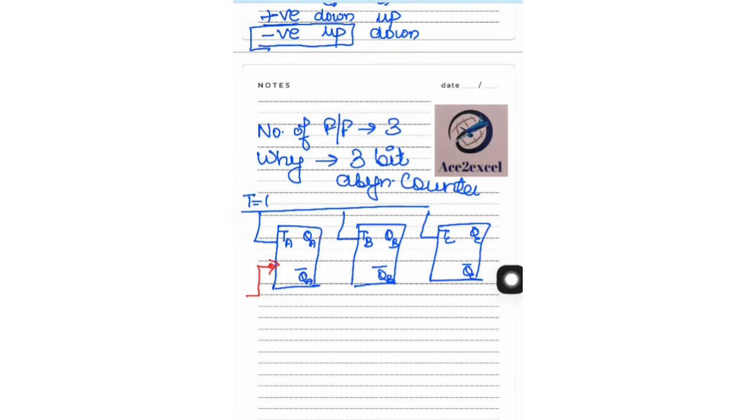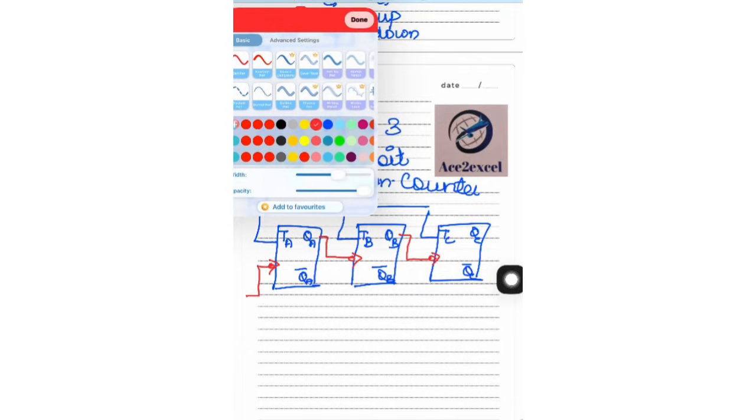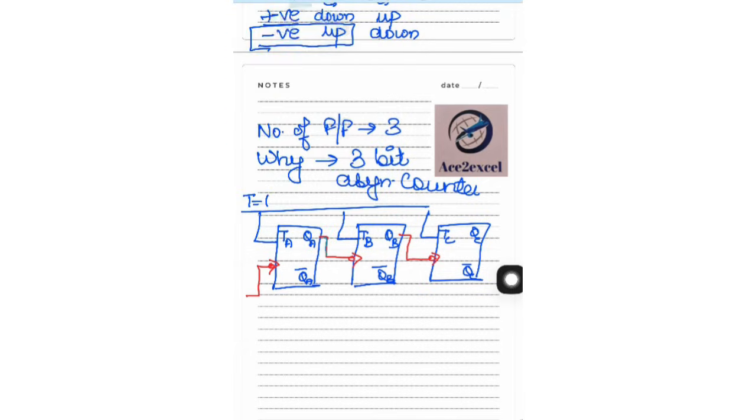The output of the first flip-flop acts as clock to the second. The output of the second flip-flop acts as clock to the third. And the total output we fetch from every flip-flop is QA, QB, QC, where QC is the MSB and QA is the LSB.